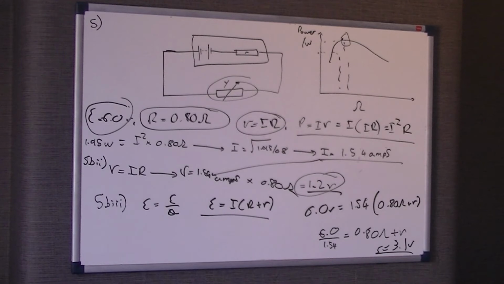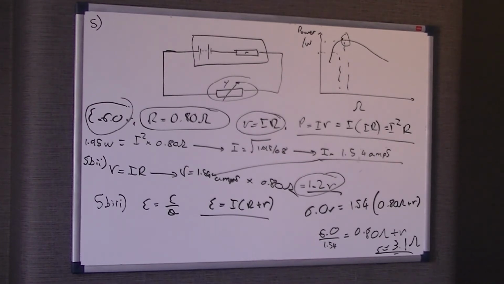Sorry, 3.1 ohms. So it's not that much. In reality, it's because this Y is extremely small. That is the correct answer. It's actually 3.09, but they round it up to 3.1 in the answers, as I have done in mine as well.